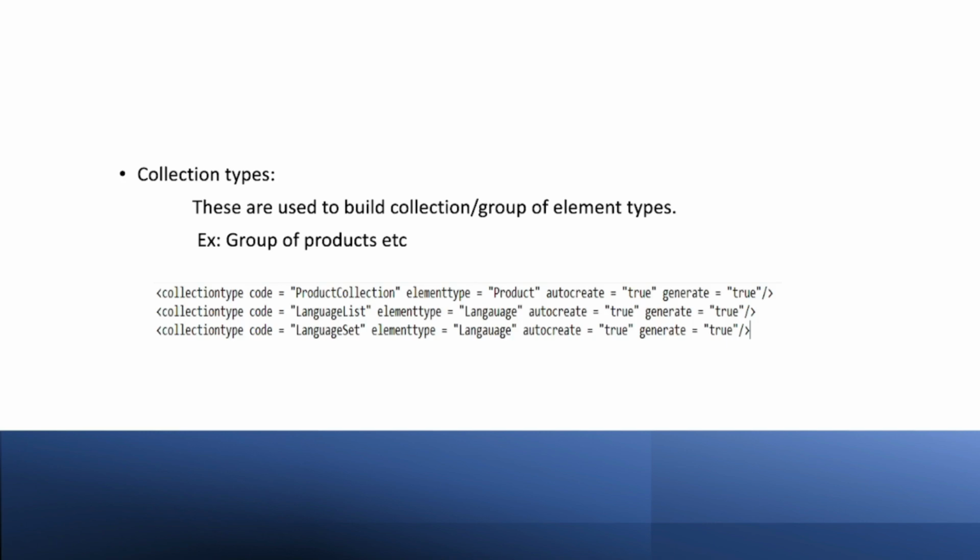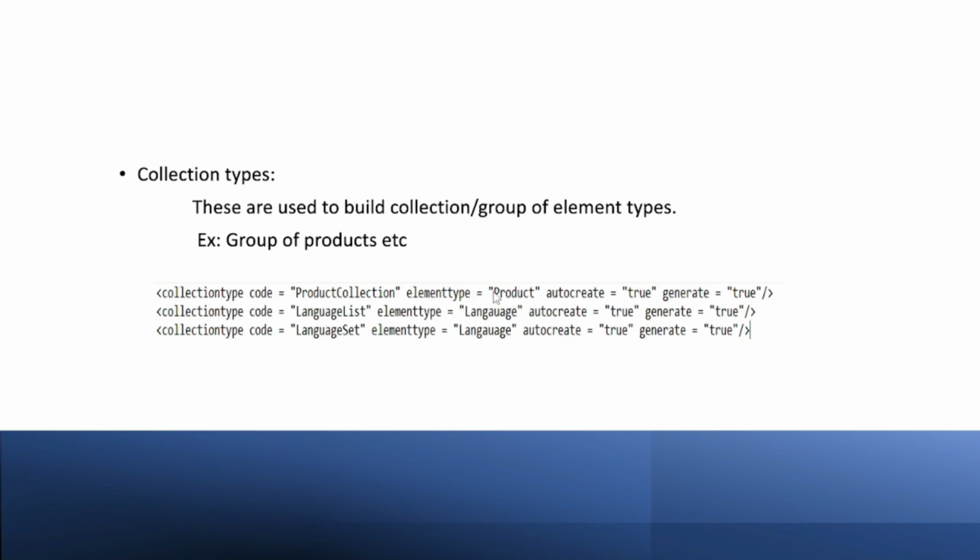And in Hybris we define collection types like this in items.xml. So here will be the collection tag, this is XML format, with collection type and code. The code will be product collection, whatever code we want to use, and element type product, meaning which type of element we will use in this collection type.